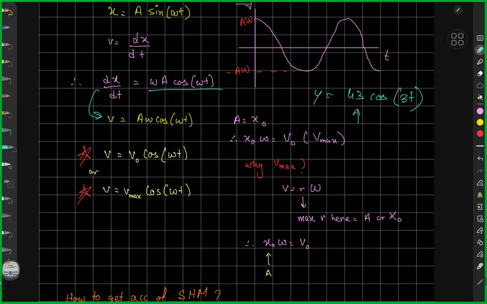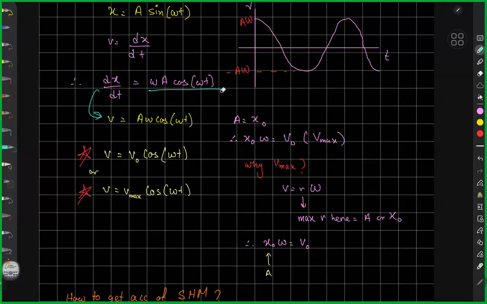So if y equals 43 cos 3t, what is the amplitude of y? 43. If I say y equals 100 sine t, what is the amplitude of y? 100. I mean, the amplitude of the curve. But yeah, you get the idea.